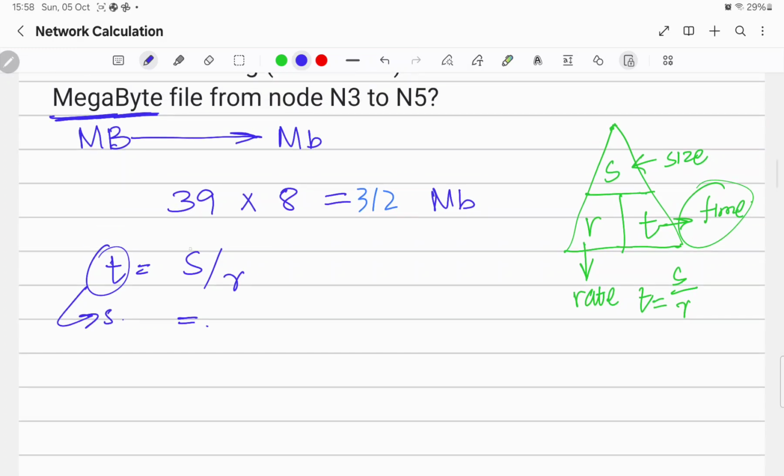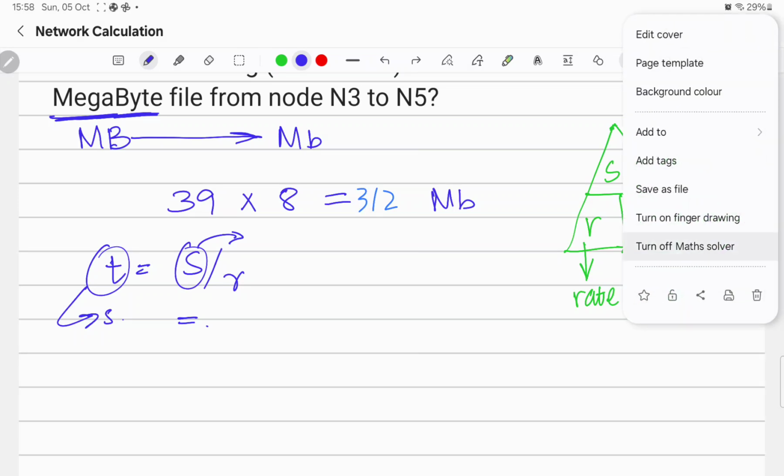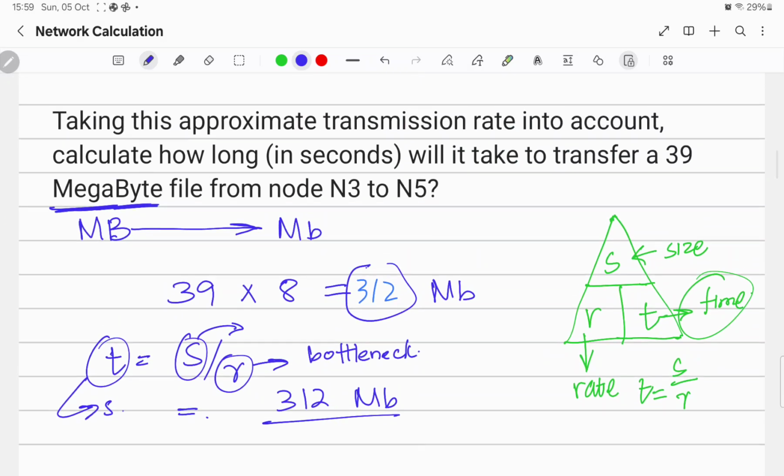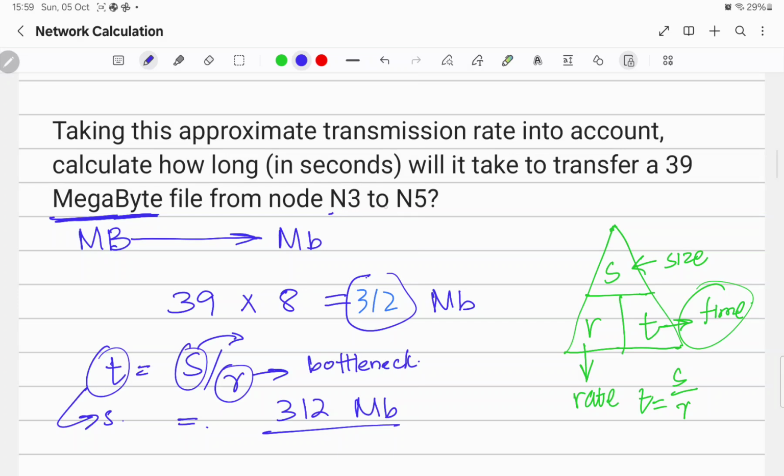So our S, this is the size, the one that we just converted or calculated. It's going to be 312 megabits. Let me turn off Math Solver. Then R, this is our bottleneck from N3 to N5.